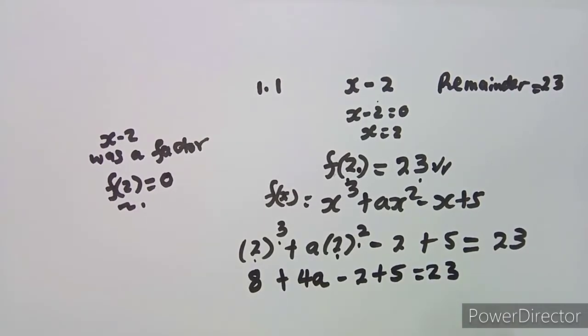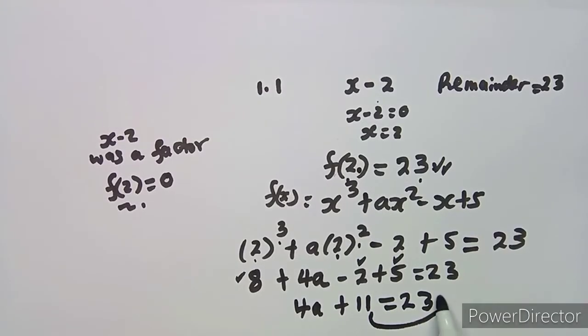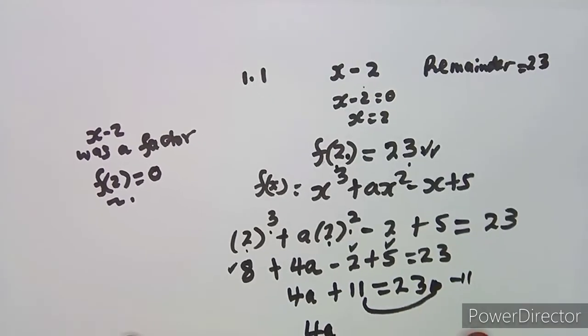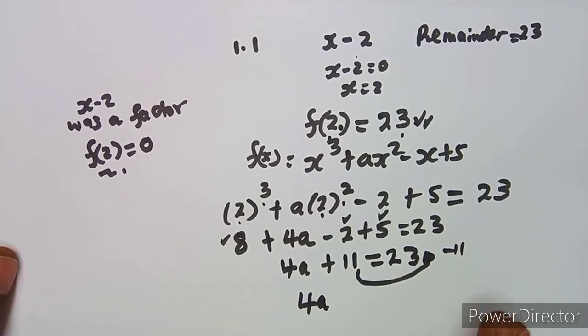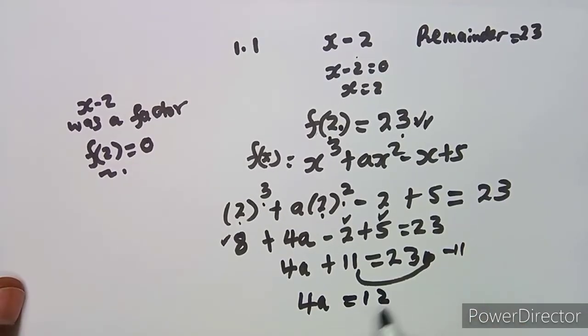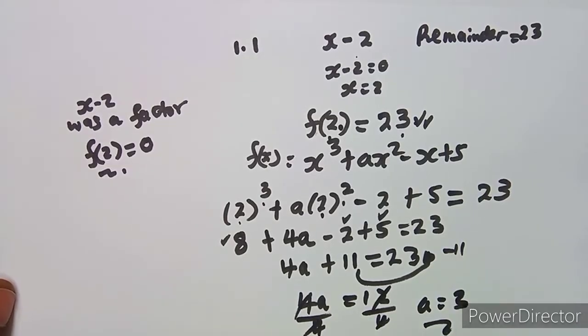So you can combine these numbers, 8 minus 2 plus 5, which gives you 11. So we've got 4a plus 11 equal to 23. Then transpose this, it will be minus 11. So 4a is 23 minus 11, which is 12. To find a, divide by 4 on both sides, so your a is going to be 3. That is the idea there.